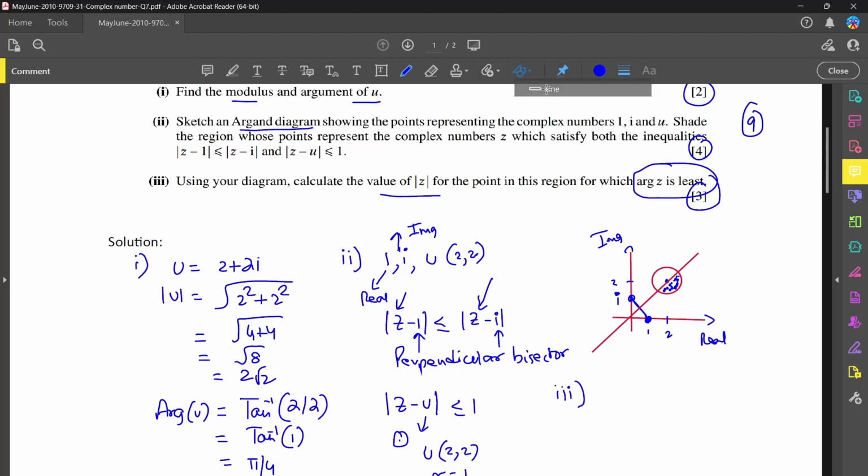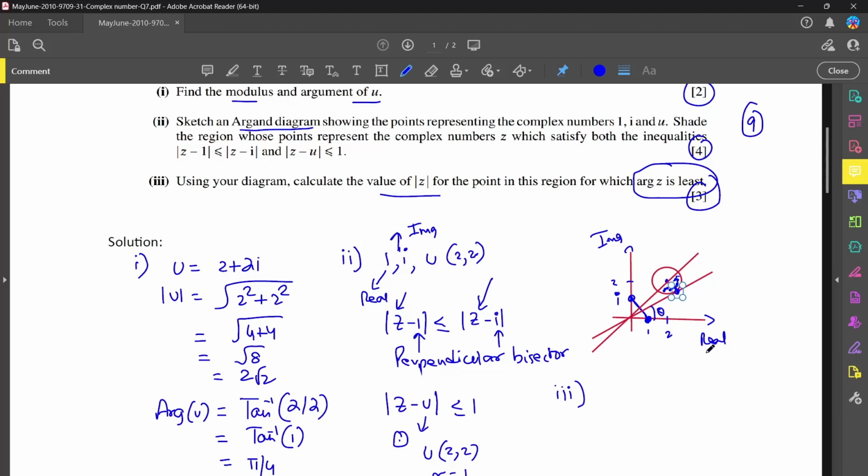So you need to draw a tangent such that the tangent touches the circle at one point and also connects to 0, 0, the origin. Wherever the argument is least, that's the least angle we get.